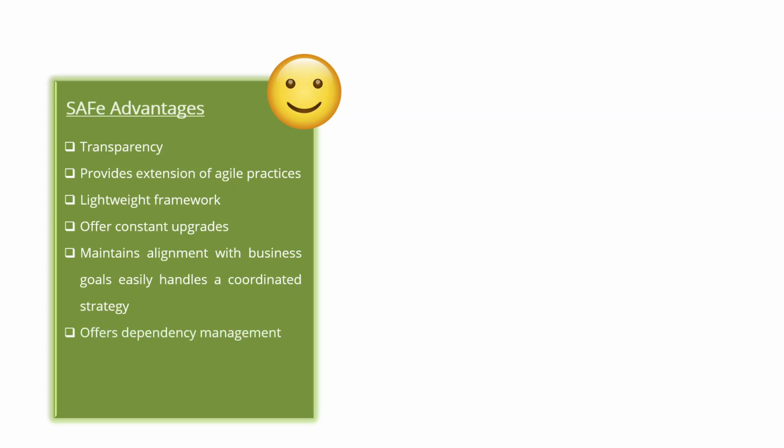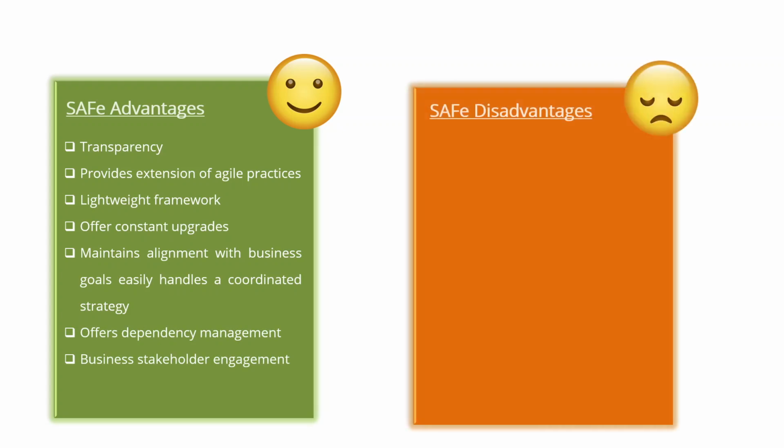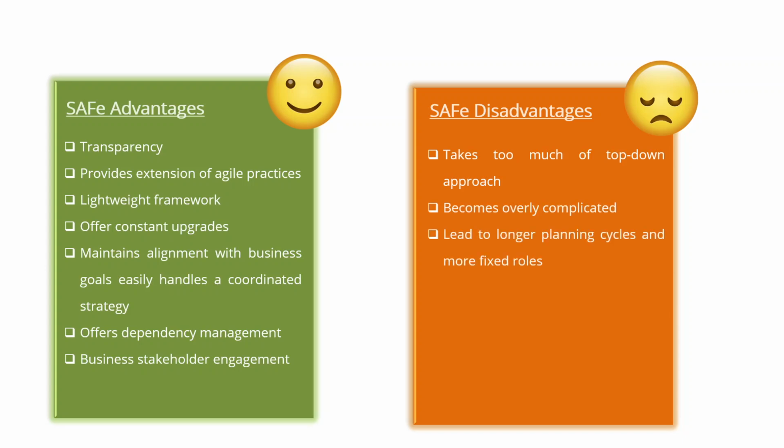Also, it offers dependency management and business stakeholder engagement. However, the SAFe disadvantages are it takes too much of a top-down approach, it becomes overly complicated, and it leads to longer planning cycles and more fixed rules.